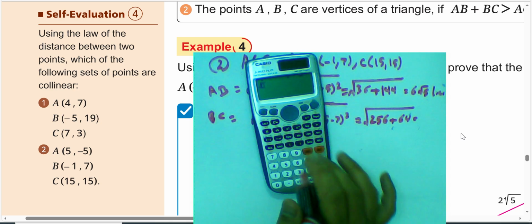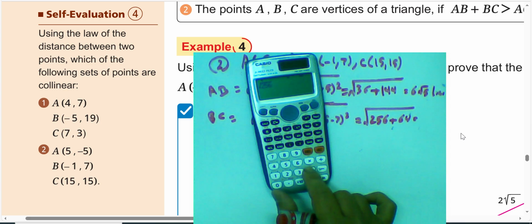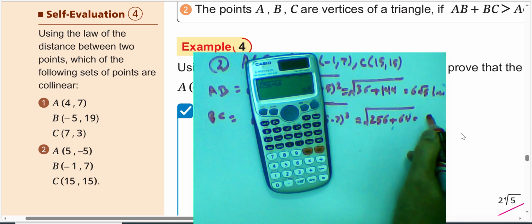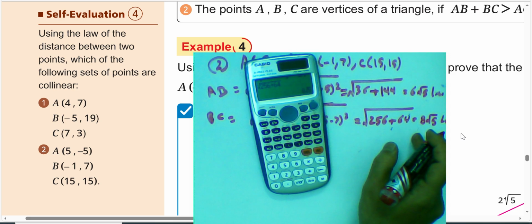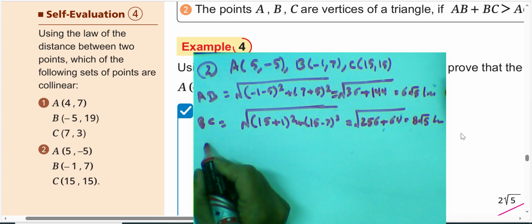Then we can find square root of 256 plus 64. Result will be 8 root 5 length unit. This is BC. The last one, AC.